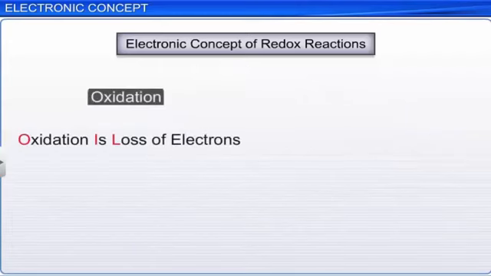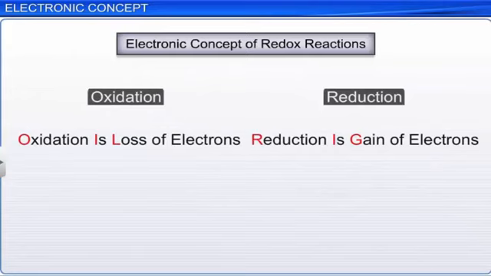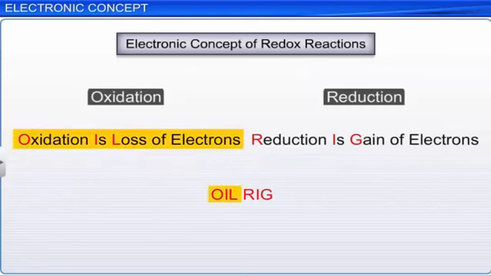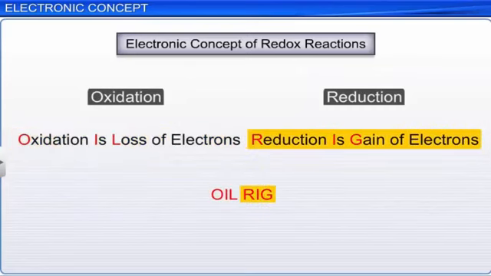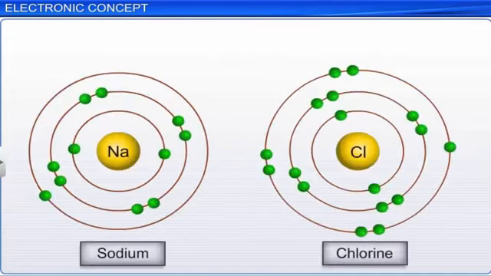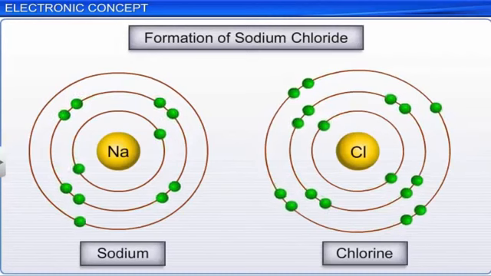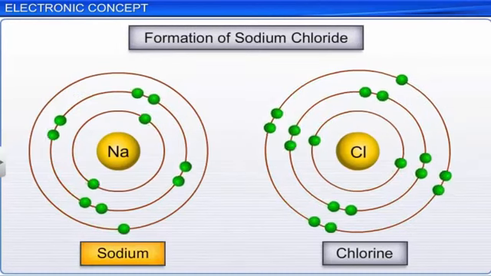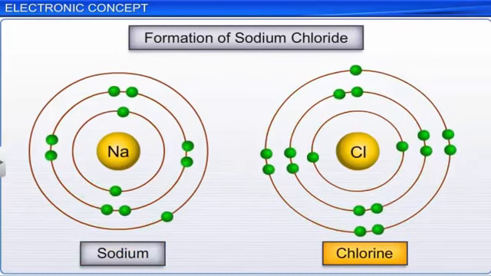The definition of oxidation and reduction can be easily remembered by the mnemonic OILRIG, which stands for oxidation is loss of electrons and reduction is gain of electrons. Let's take the example of the formation of sodium chloride from sodium and chlorine.